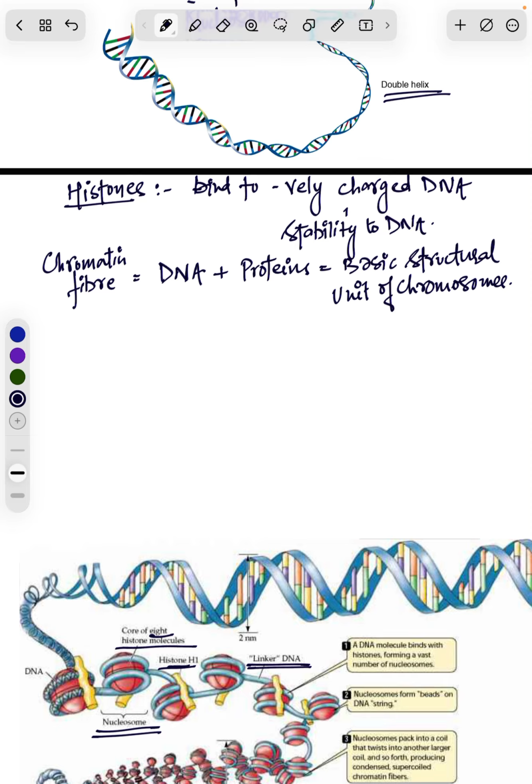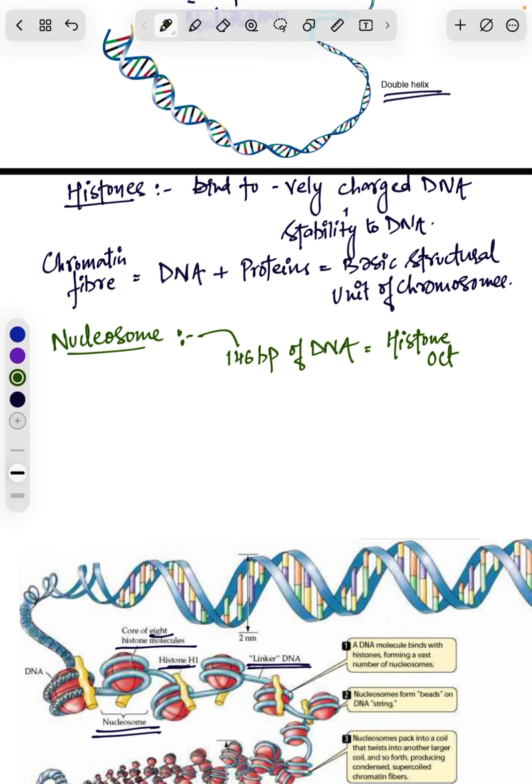So when we study the nucleosome, what we see is that it is simply a packing structure of DNA, and 146 base pairs of DNA are wrapped around one histone octamer, because 8 histones are there, so octamer. When these are bound, they form a single nucleosome.